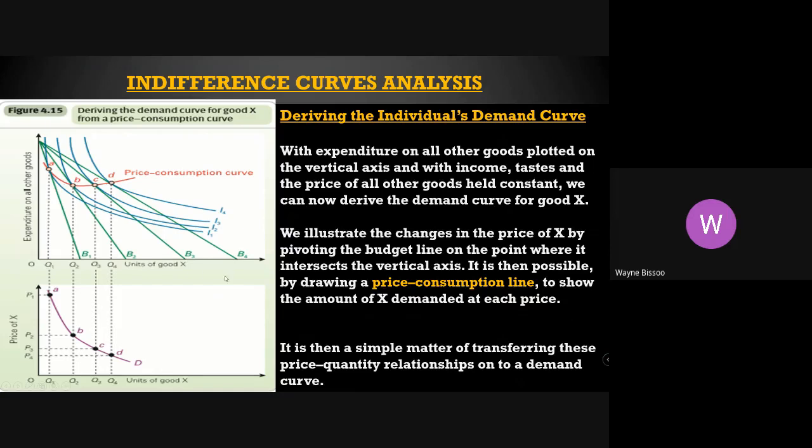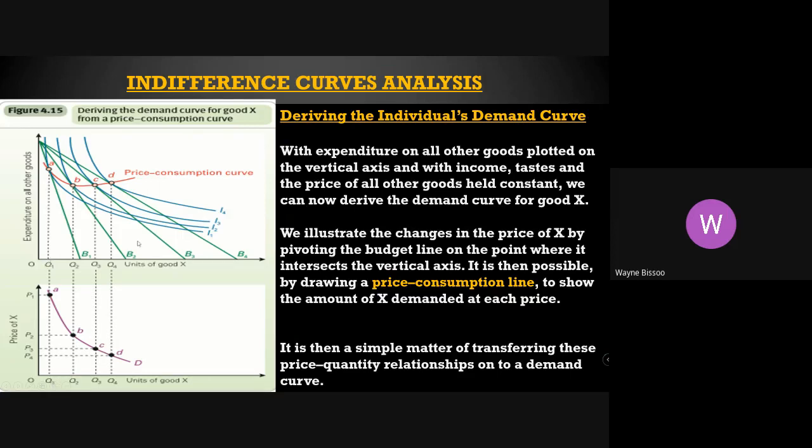Now, we are looking only at the price of good X. So they extended downwards: at A, how much of X I'd buy, at B, how much X I'd buy, and we know the prices for each one going down. We transpose that information down to this graph here by moving the values from here down to here.